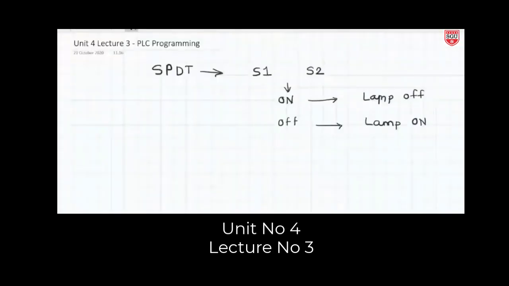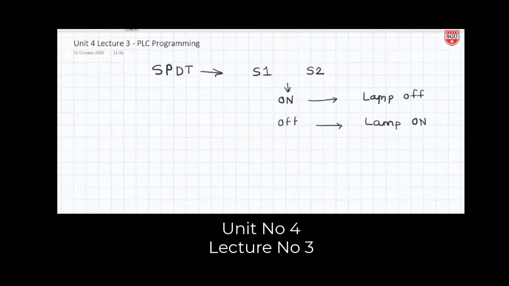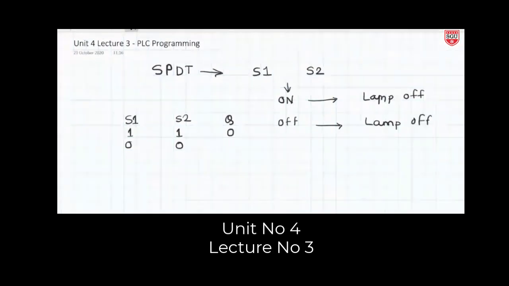If I draw its truth table, suppose this is S1, this is S2, then when S1 and S2 are both on, output is off. If both are off, then also the output will be off.